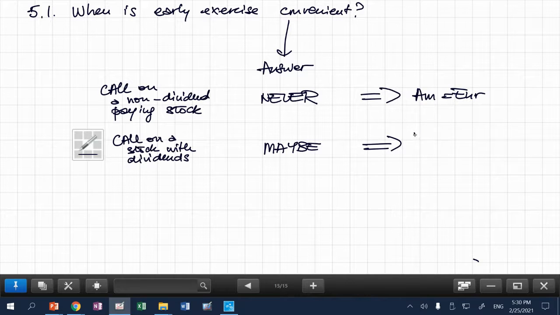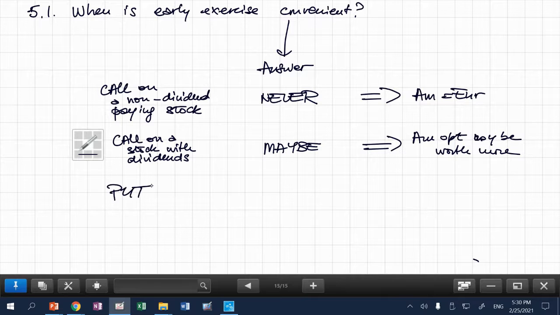As a consequence, the American option may be worth more. Let's say it is generally worth more if there are at least a few cases in which early exercise becomes convenient.